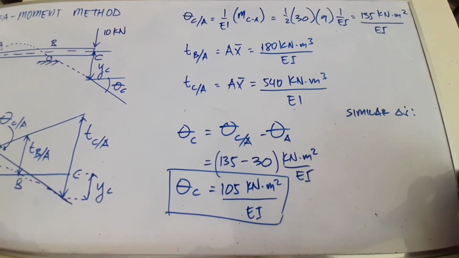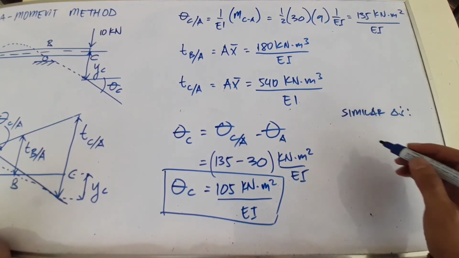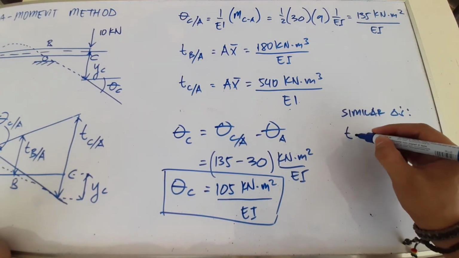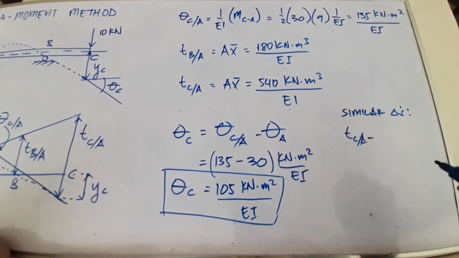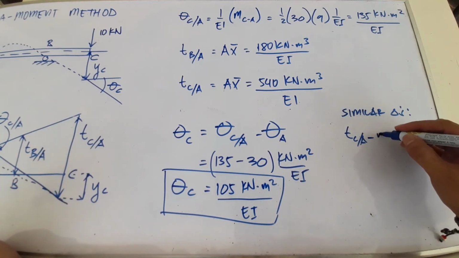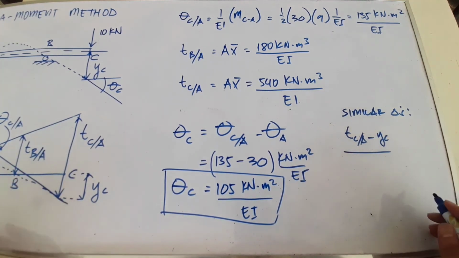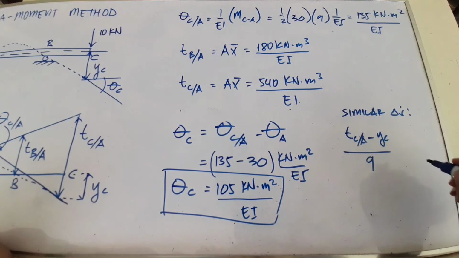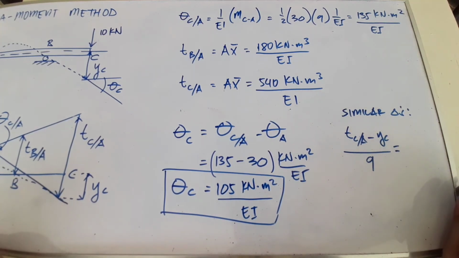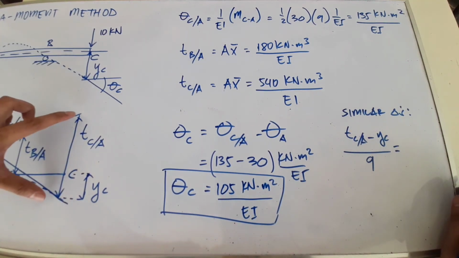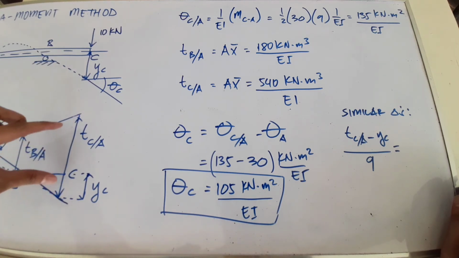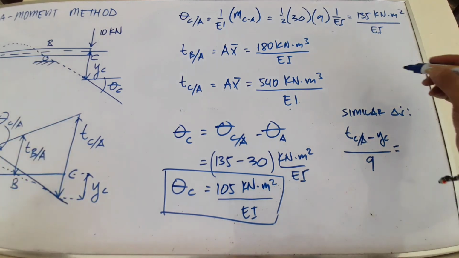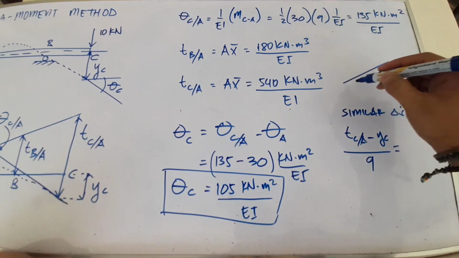So, ang triangle na mas malaki, meron tayong TC over A minus YC divided by 9 meters. Minus YC kasi, ito yung TC over A mo, di ba? TC over A minus YC, ito na yung length ng ating triangle. Ganyan.